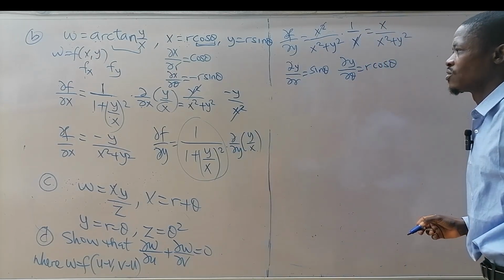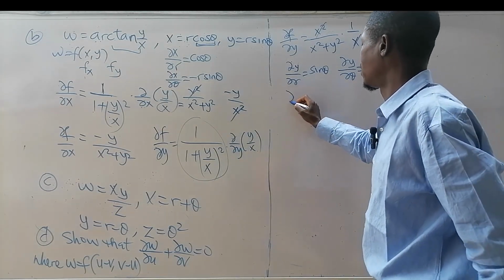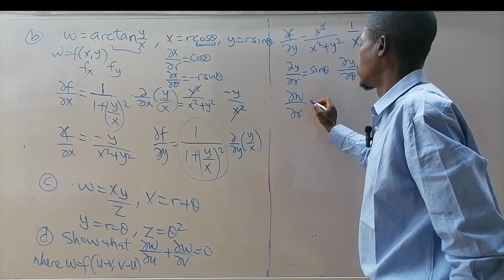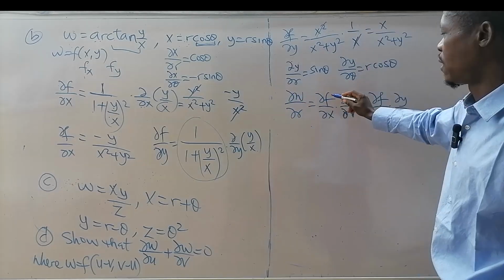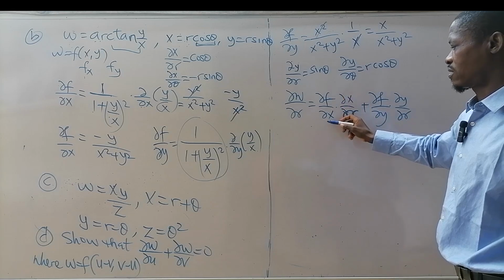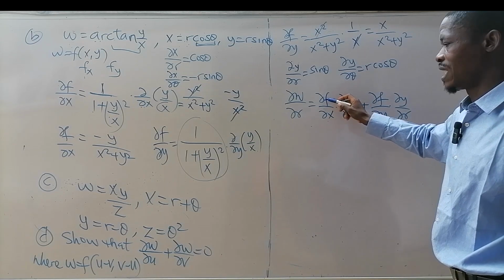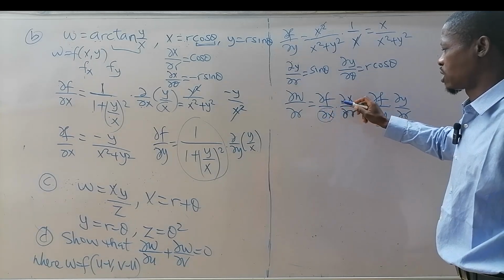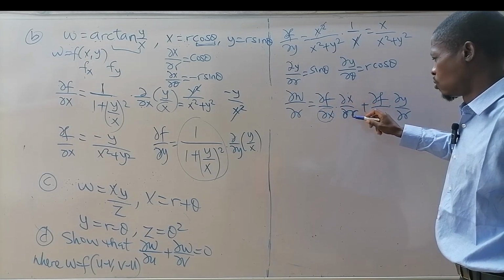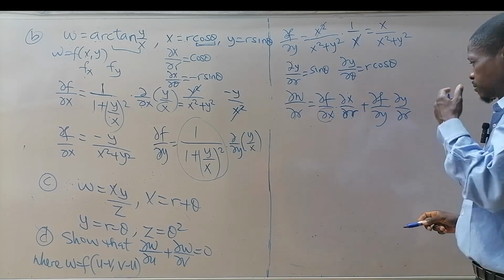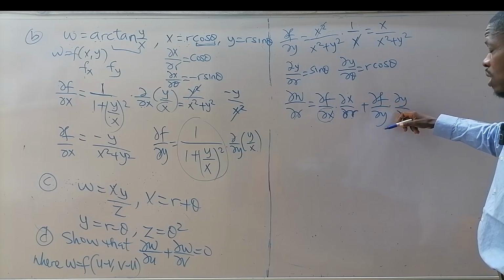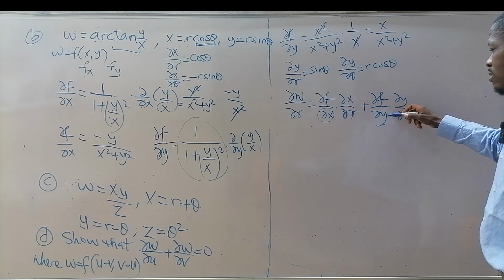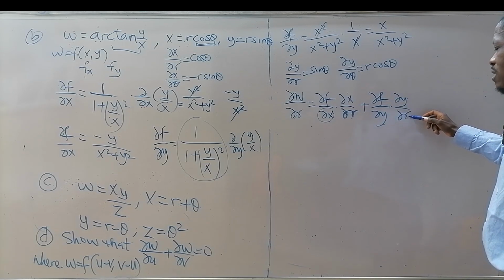Okay, so let's now get what we are being told to find, del w del r, which is del f del x, the same thing as del w del x, and then times where you stop here, you start at the top here. You differentiate your w also with respect to y, which is del f del y times del y del r.